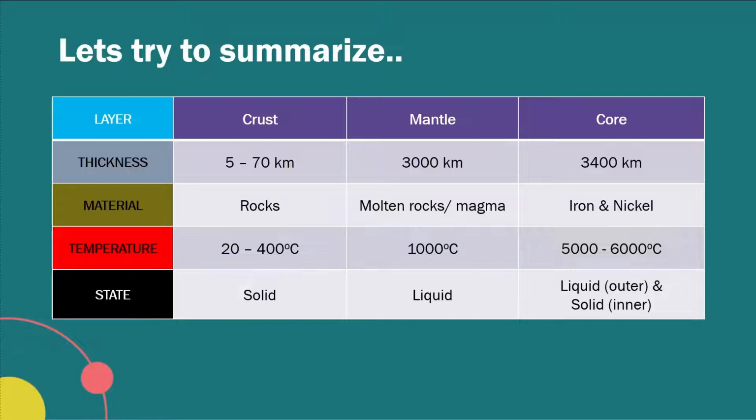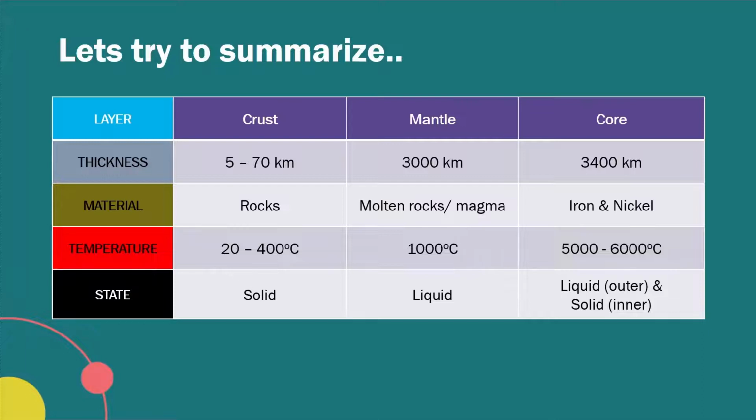From the first column there, I put the layer. So what layer? We got three layers here. Thickness. These are the things that you need to take note and remember.